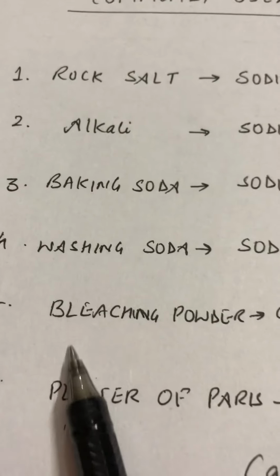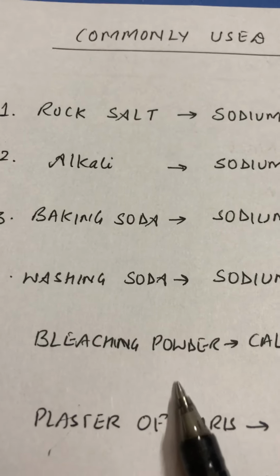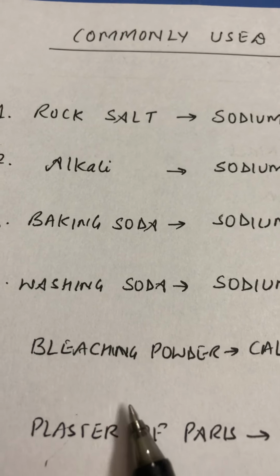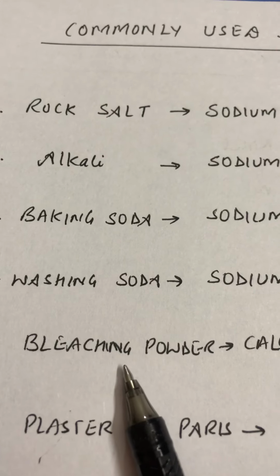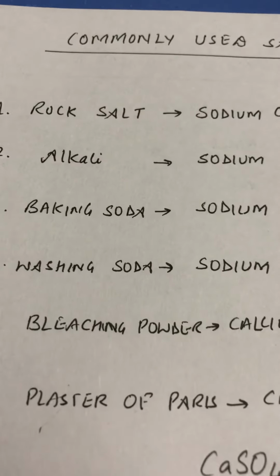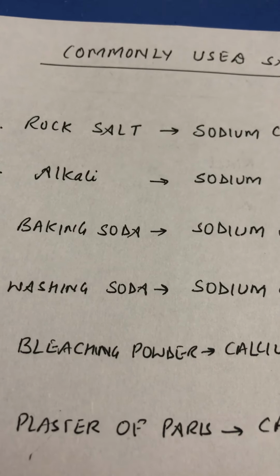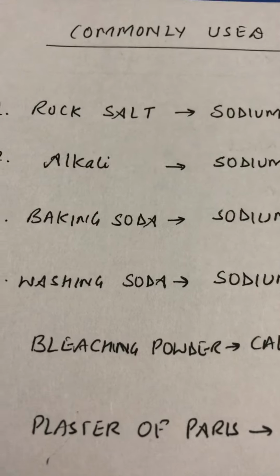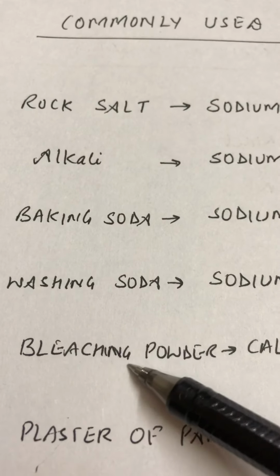Next on the list is bleaching powder. Bleaching is a technique of removal of color. Whenever we have to remove the color of something, we call it bleaching. A very well familiar word which is used in parlors, in laundries. Whenever we are not able to remove a particular stain, we approach the laundries where this powder is used.